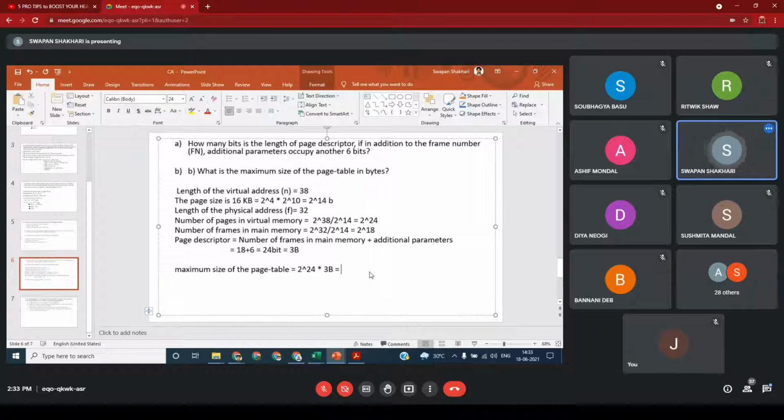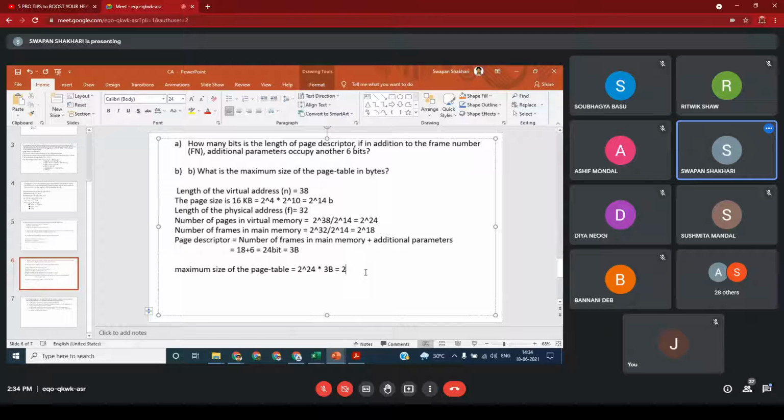It already says bytes, so there is nothing more to do, simply okay. You can convert it to megabyte, but this is in byte. So in megabyte it will be from 2 to the power 24, we can calculate 2 to the power 10 for KB and another 2 to the power 10 for MB.